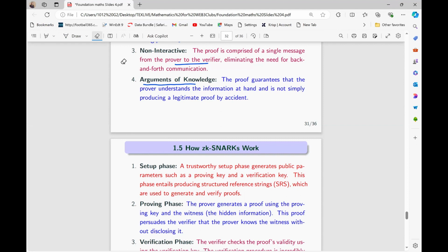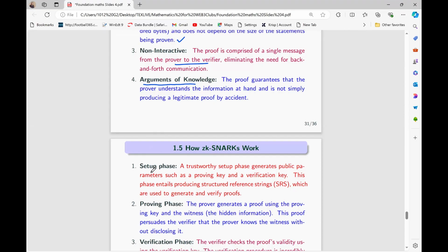Now, the setup phase I've said is a trustworthy setup phase, which generates public parameters, and the word is public, not private. Public parameters such as proving key and verification key.